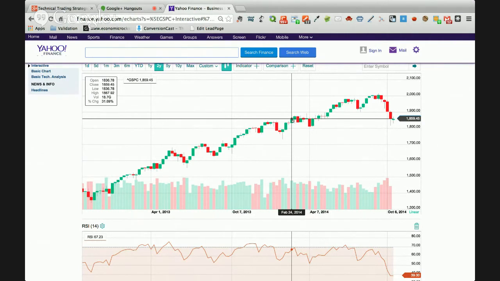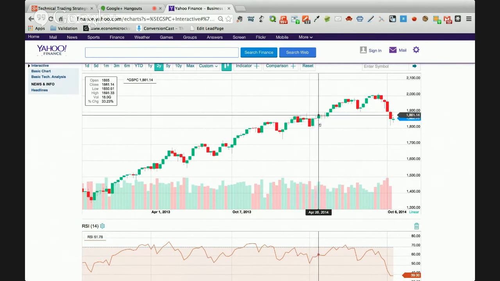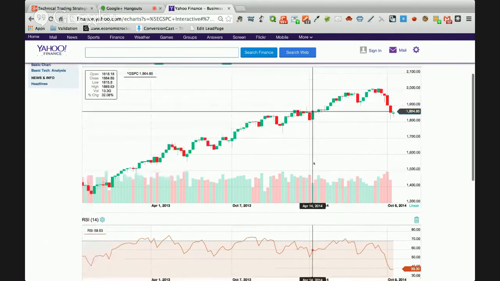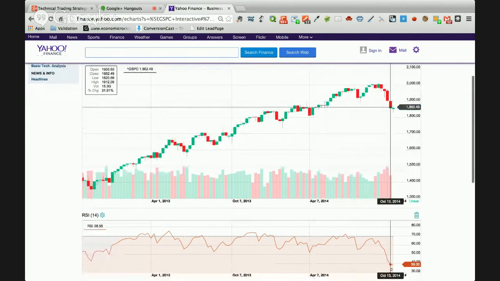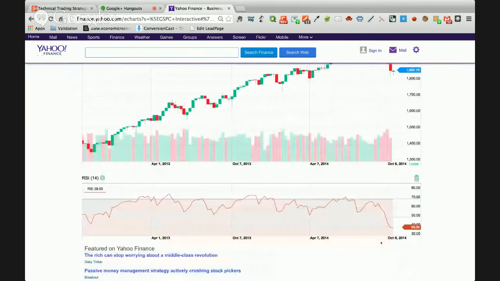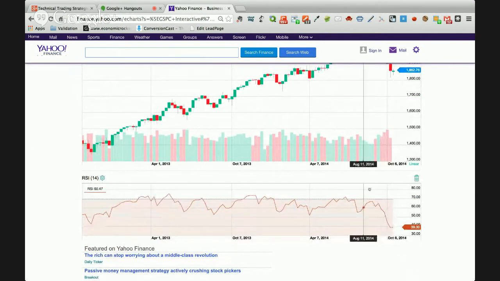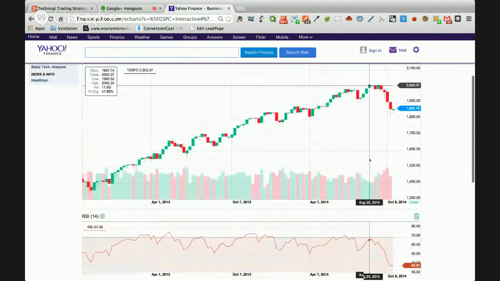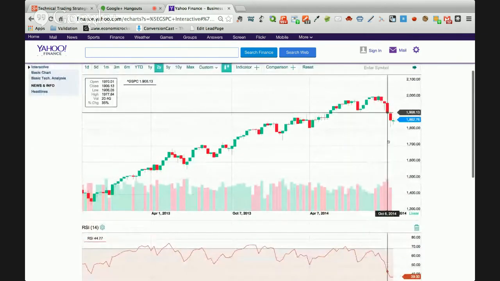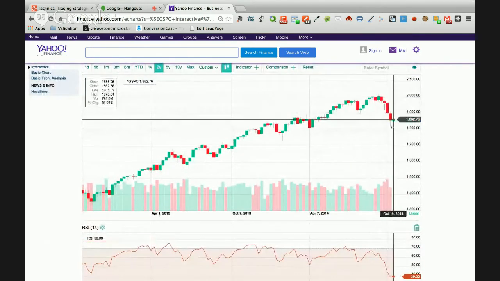So they may possibly see this as an entry with a tight stop, and especially when there's an oversold position on the relative strength index. We're seeing there's a huge oversell regarding the S&P 500, and that again could tell us that all the selling has pretty much exhausted for the time being, momentarily anyway.